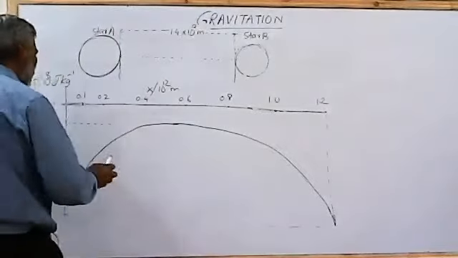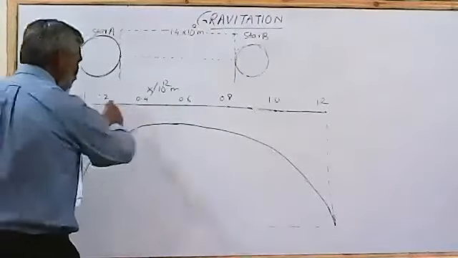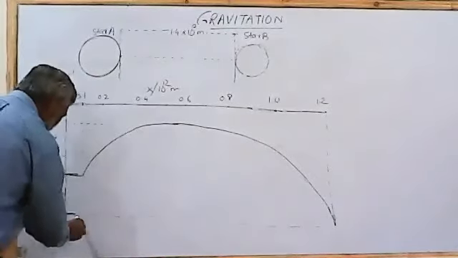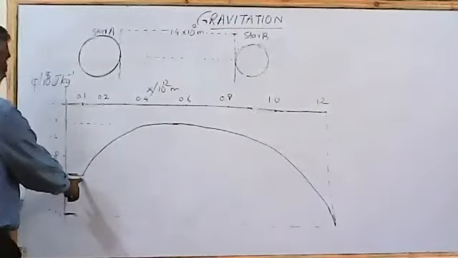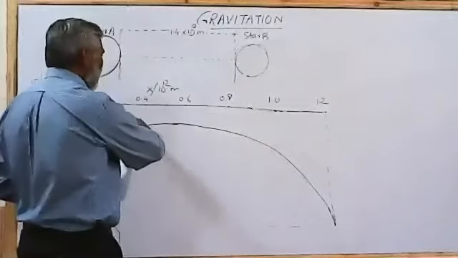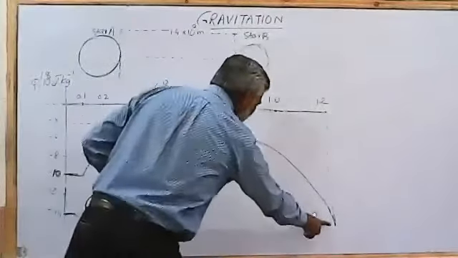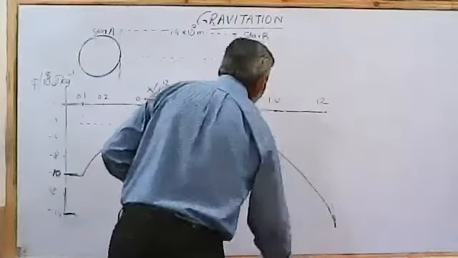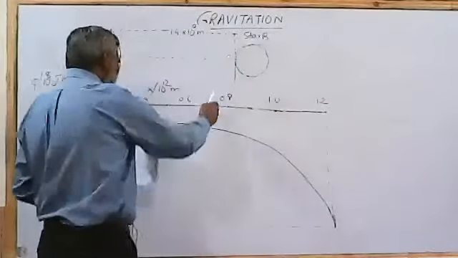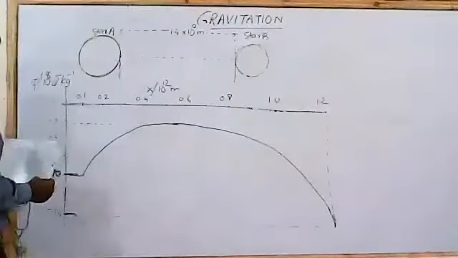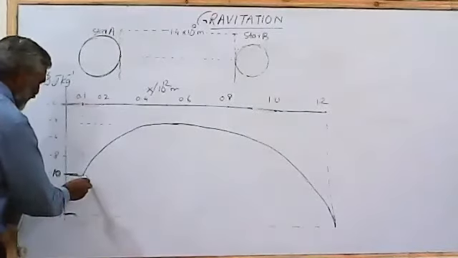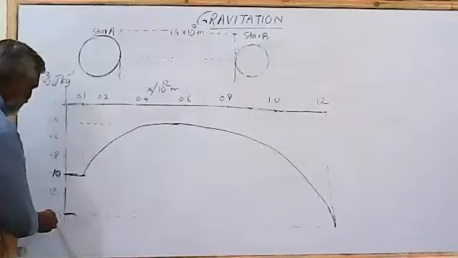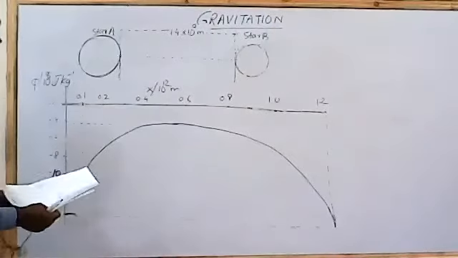The total change from this position to the final position is actually between these two values, because the object starts here and the curve continues like this, and this is the final value of the gravitational potential energy when the object reaches this planet. So the total change in gravitational potential energy is actually the initial value and the final, which is -14 times 10 raised to the power 8.